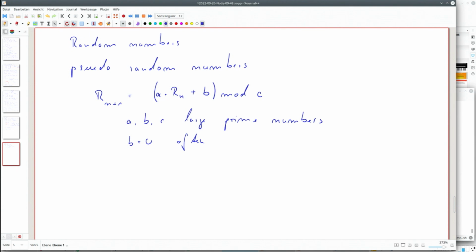And for these prime numbers, there are good candidates. One type, they are not all prime numbers, are the Mersenne numbers, 2 to the power of another prime number minus 1, I think.